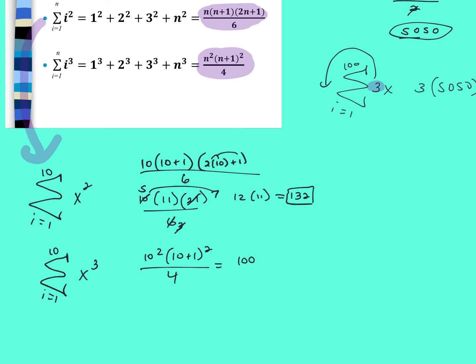I'd get 100 times 11 squared, which is 121, over 4. 4 can go into 100 25 times, and then 121 times 25, which is way faster than doing 1 cubed plus 2 cubed plus 3 cubed plus 4 cubed plus 5 cubed, all the way up to 10.